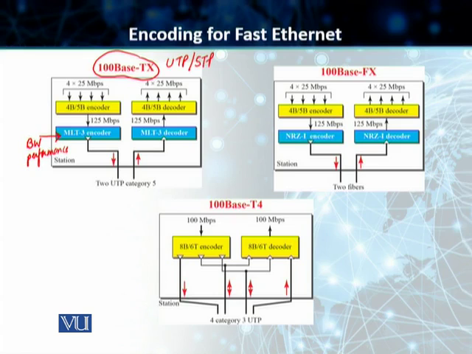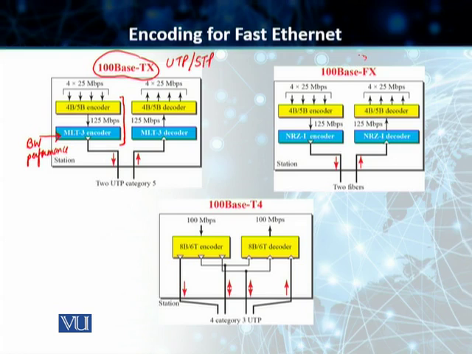Students, since MLT3 is not a self-synchronous line code, what we do is we use 4B/5B block coding to provide the synchronization by preventing the occurrence of a long sequence of zeros and ones. So this combination that you see out here is made up of a 4B/5B encoder and an MLT3 encoder to accomplish a data rate of 100 megabits per second in 100 base TX.